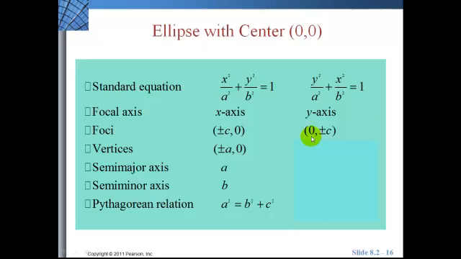The foci x stays equal to 0, and the foci will be plus and minus c for the y value. The vertices will be plus and minus a for the y value. The semi-major axis will still be a, although this time it corresponds to the y. The semi-minor axis will still be b, this time it corresponds with the x, and we have the same Pythagorean relation.